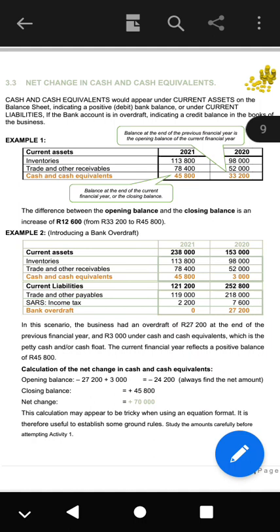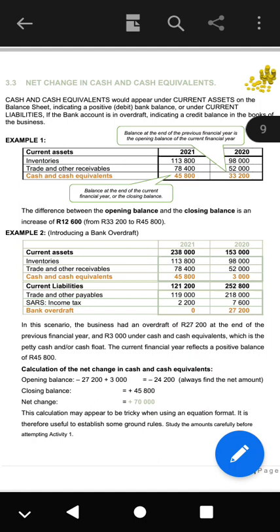Because of the amount for the petty cash and the cash float, you need to add that to the bank overdraft first, and then after that you calculate your net change. So we are going to say minus 27,200 plus 3,000, which will give us minus 24,200 as our bank opening balance, or our cash and cash equivalents at the beginning. And then the cash and cash equivalents at the end are given as 45,800.